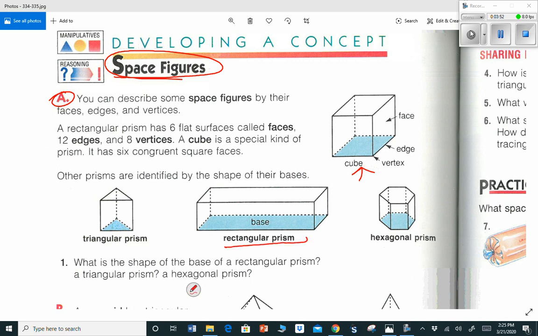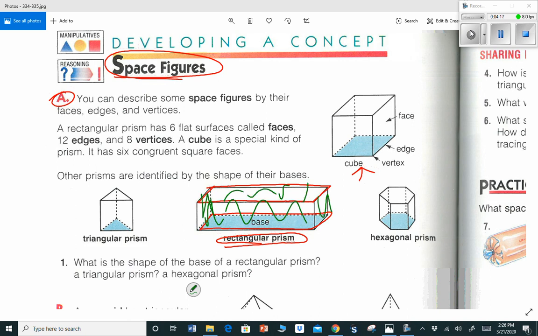This shape right here is called a rectangular prism. Rectangular because its base is a rectangle. Then the top is another base, an equivalent or congruent rectangle. And those 2 bases are joined by pieces that are also rectangles.